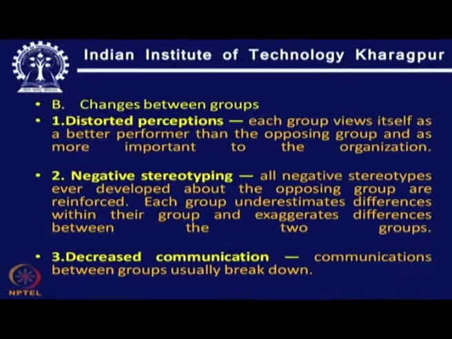Changes between the groups, this is another important thing. The first change is of course a distorted perception, where each group views itself as a better performer than the opposing group, and as more important to the organization.